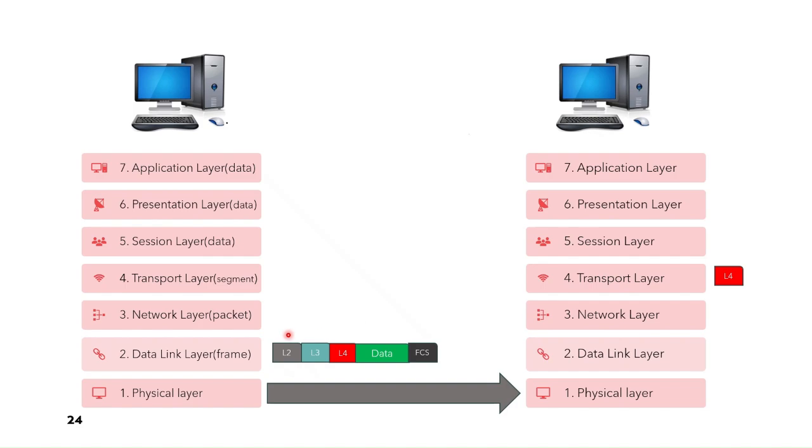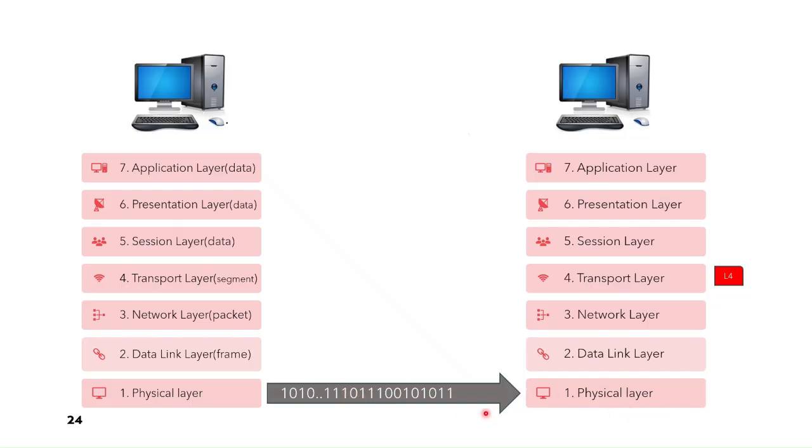From here, this data would be pushed onto the physical layer and be transformed into what? Zeros and ones. That's electrical signals that will be sent via the cable to the other physical layer.